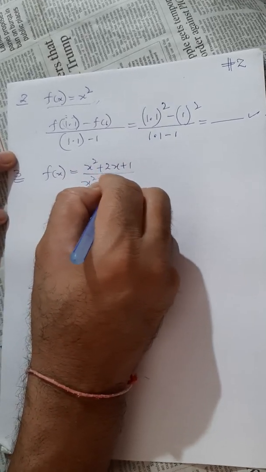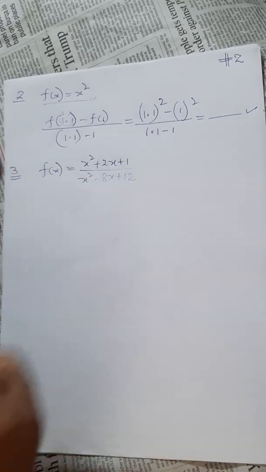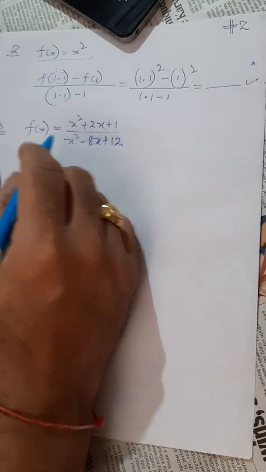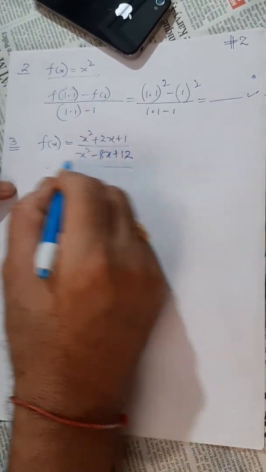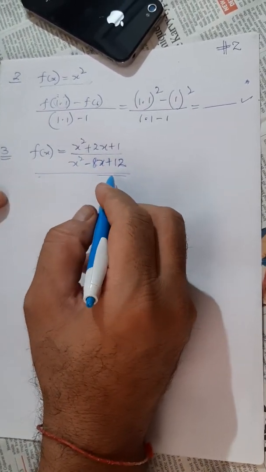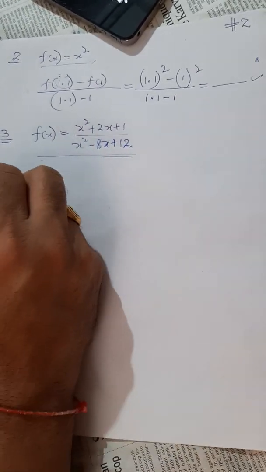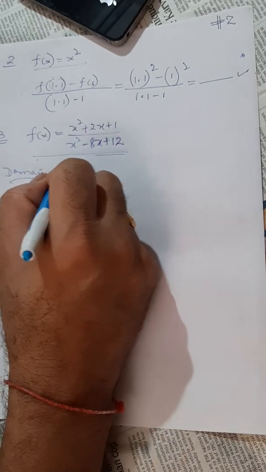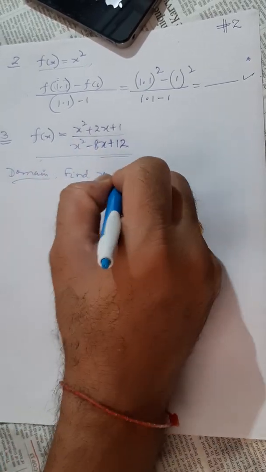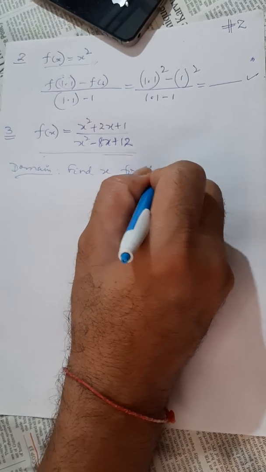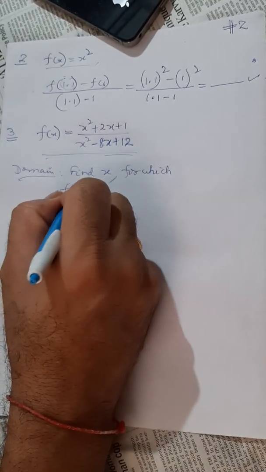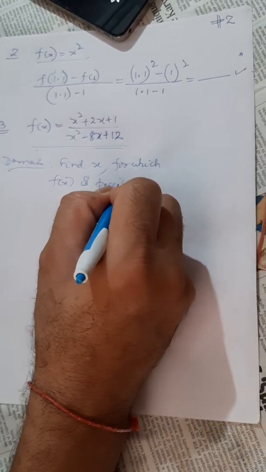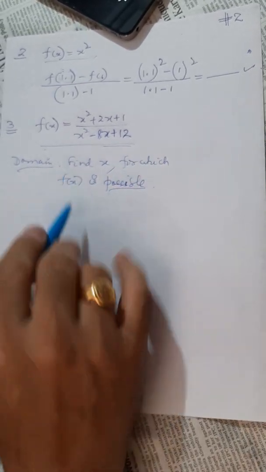Question number 3. Here you are given f(x) equals x square plus 2x plus 1 upon x square minus 8x plus 12. Now here we want the domain of this function. Domain means find all x for which f(x) is defined.